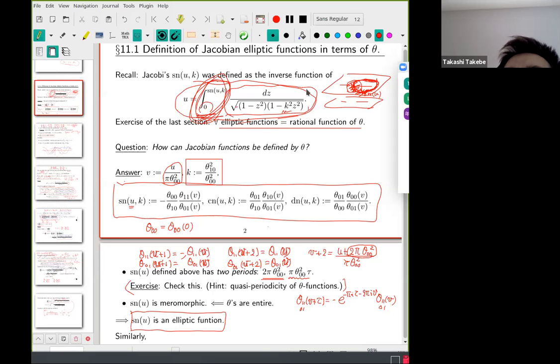So first we should understand this equation as an equation close to 0.